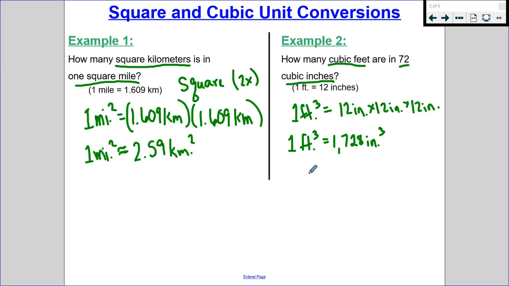I have 72 cubic inches. So 72 cubic inches out of our 1,728 cubic inches is my part of a foot.